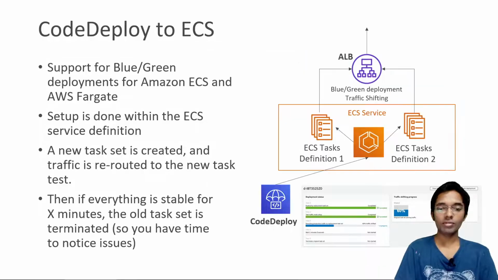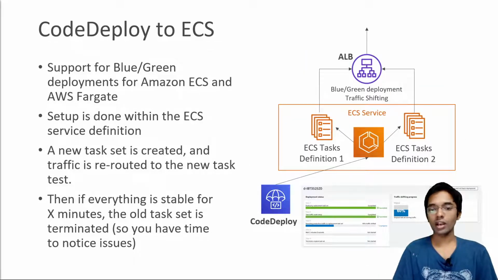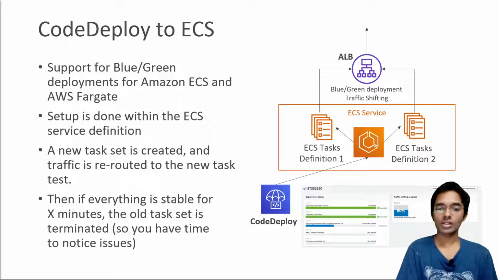Finally, we have CodeDeploy into ECS. This is supported, again, with blue/green deployments for Amazon ECS and AWS Fargate, and the setup is going to be done within the Elastic Container Service definition. So it's not something you can do currently from the CodeDeploy console. You have to go into Elastic Container Service and define it there.